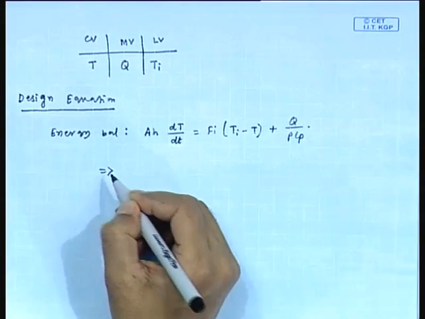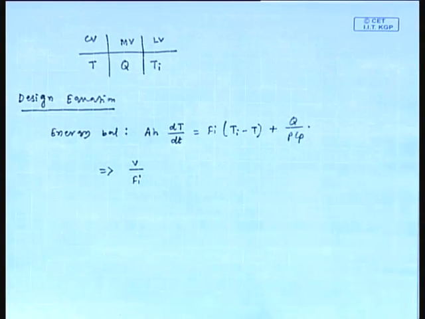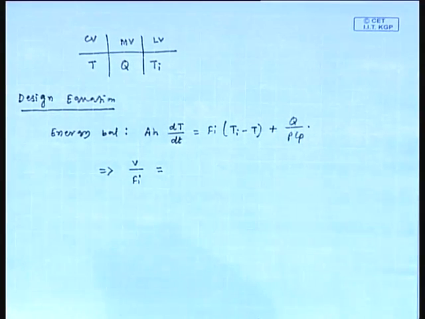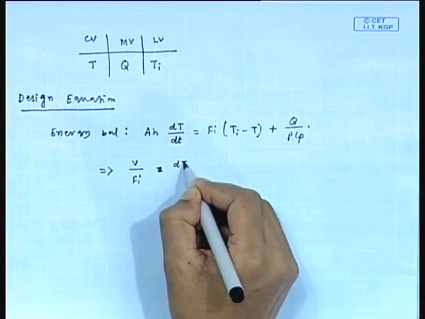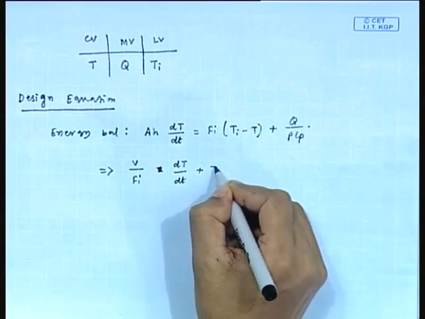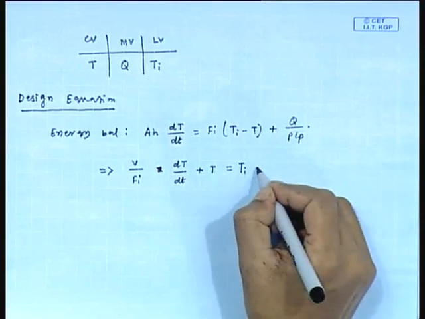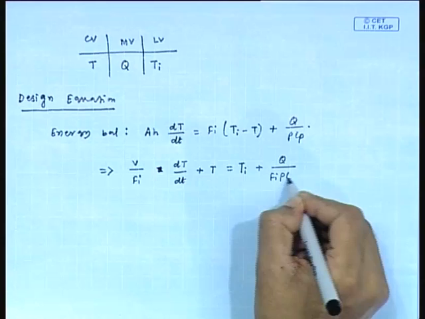Now, we can write this equation as V divided by Fi. We are just dividing both sides by Fi. Then we obtain V divided by Fi dT dt plus T equal to Ti plus Q divided by Fi rho Cp.